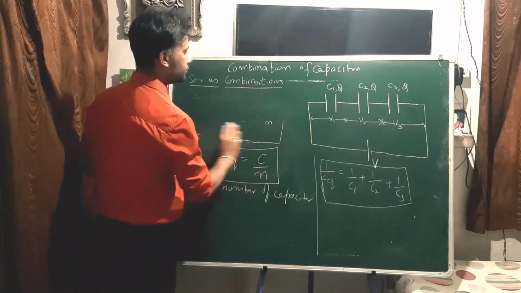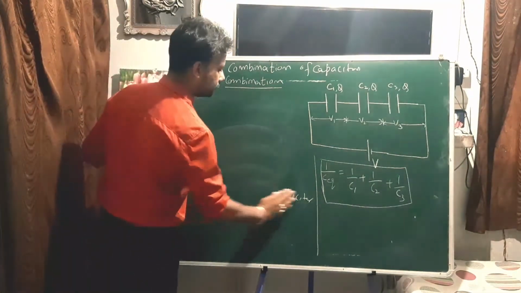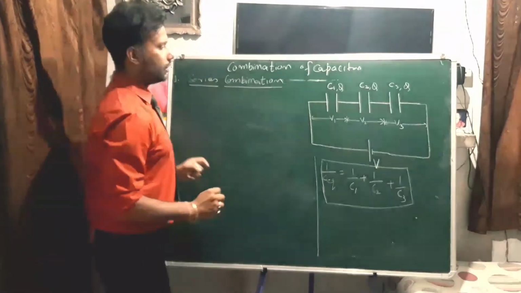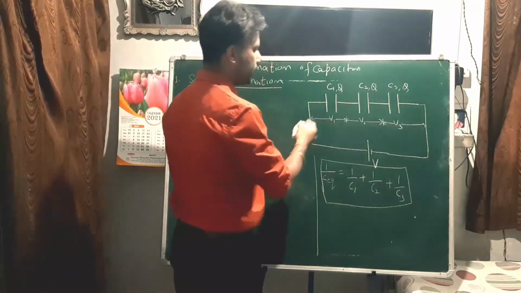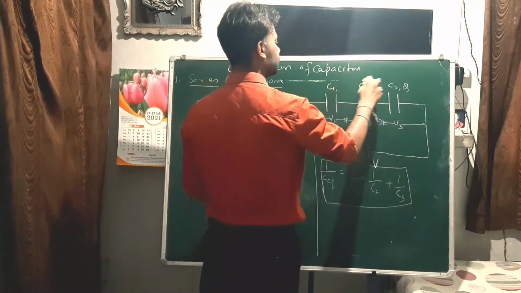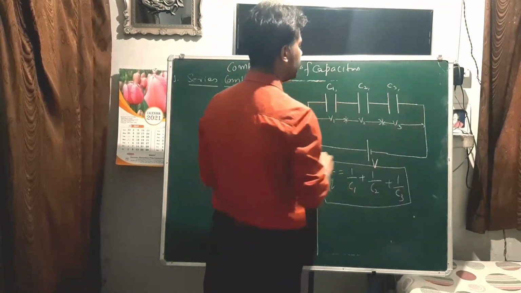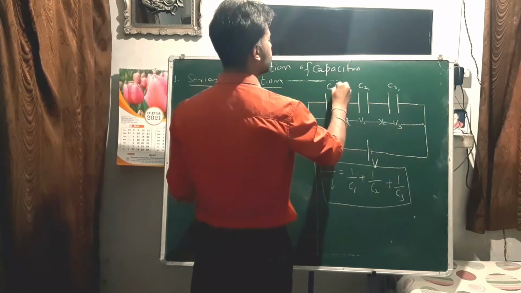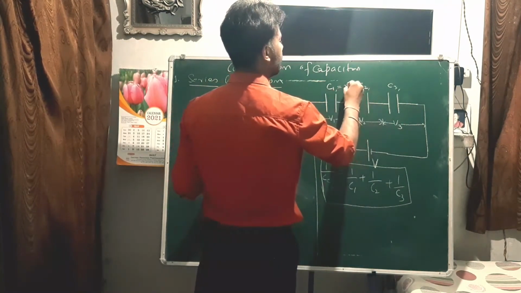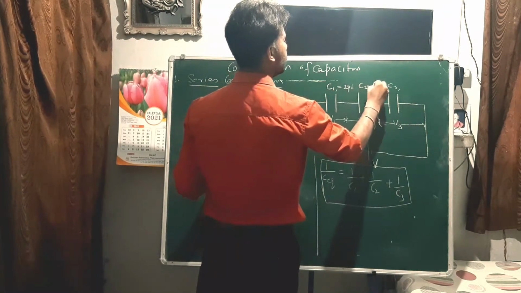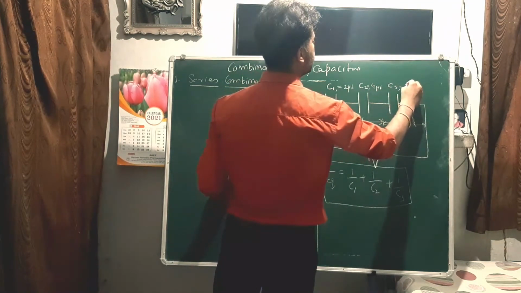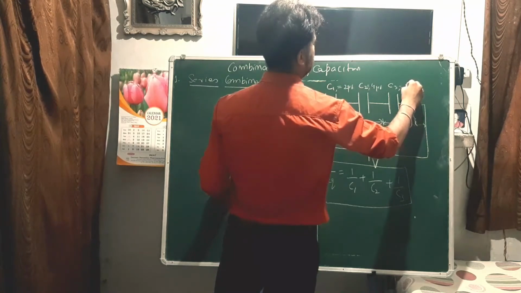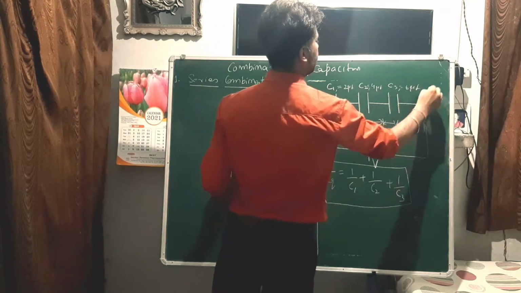Let's say we have three capacitances. I'm taking C1 as 2 microfarad, C2 as 4 microfarad, and C3 as 6 microfarad, right?